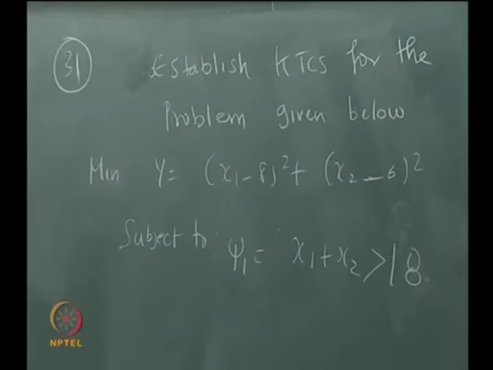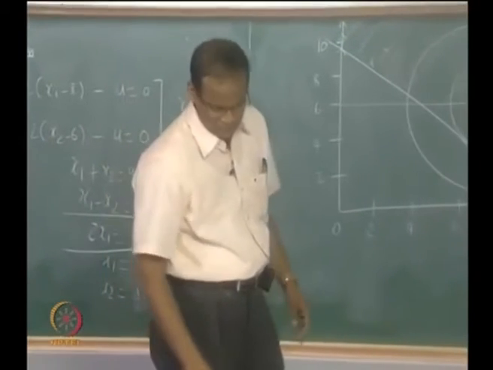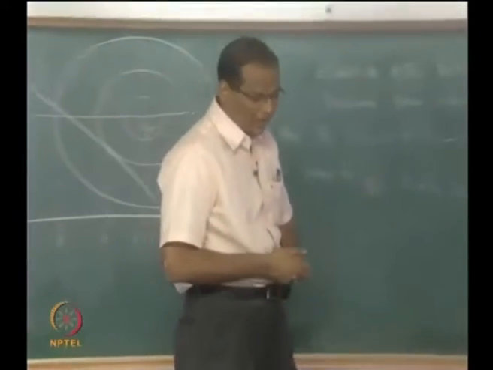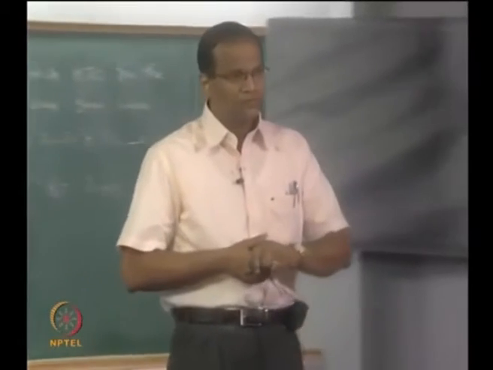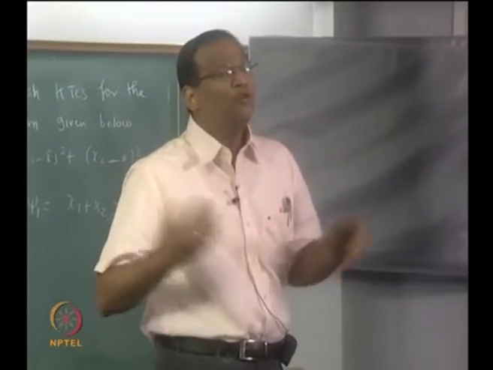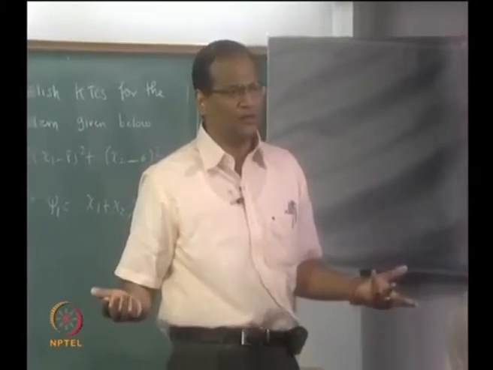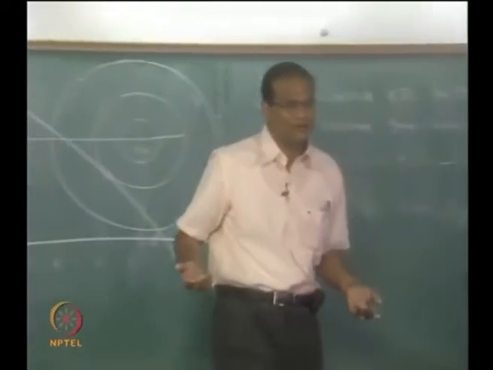U comes out to be 0, and psi equal to 0. By the other condition, U or psi is equal to 0. If U is equal to 0, it is not at all an active or binding constraint. There is no sensitivity of the objective function. There is nothing more you can talk about it.